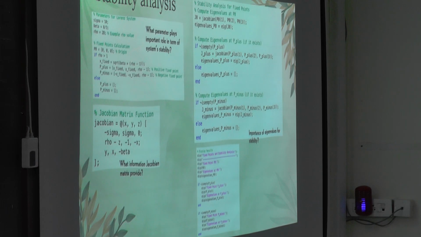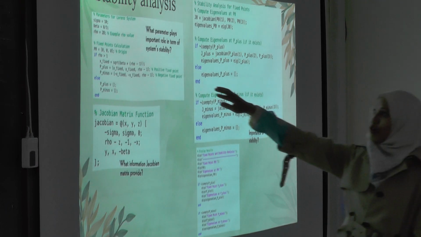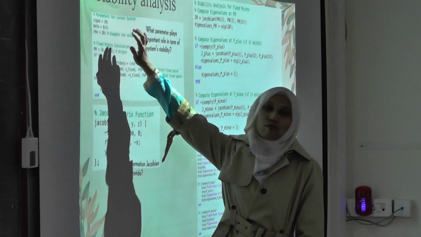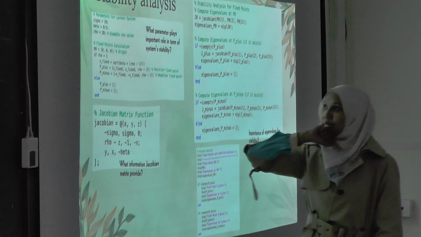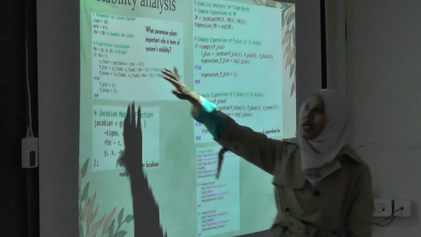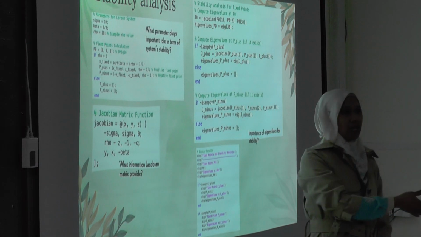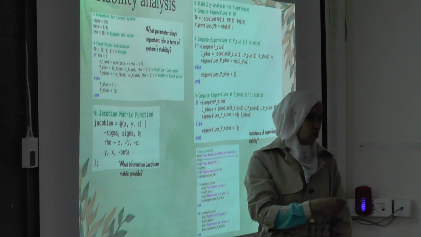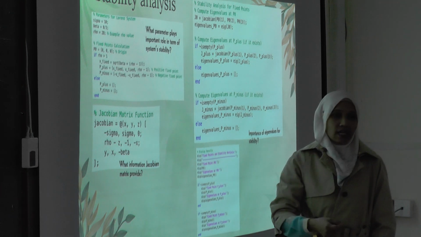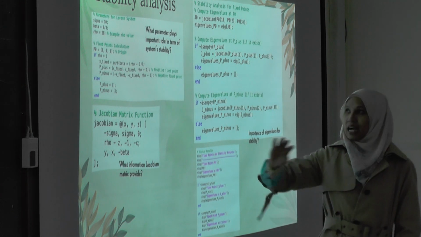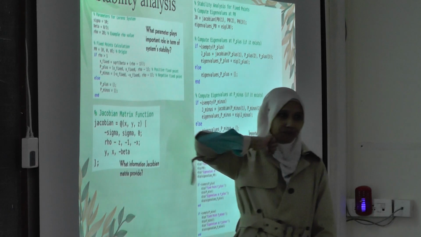Okay, so this is for stability analysis. We input the parameter, and then we have the fixed point. As I mentioned just now, it's not a calculation, it's a fixed point. That's why in the lecture just now, I gave you how we want to find the fixed point. So you need to write your fixed point.